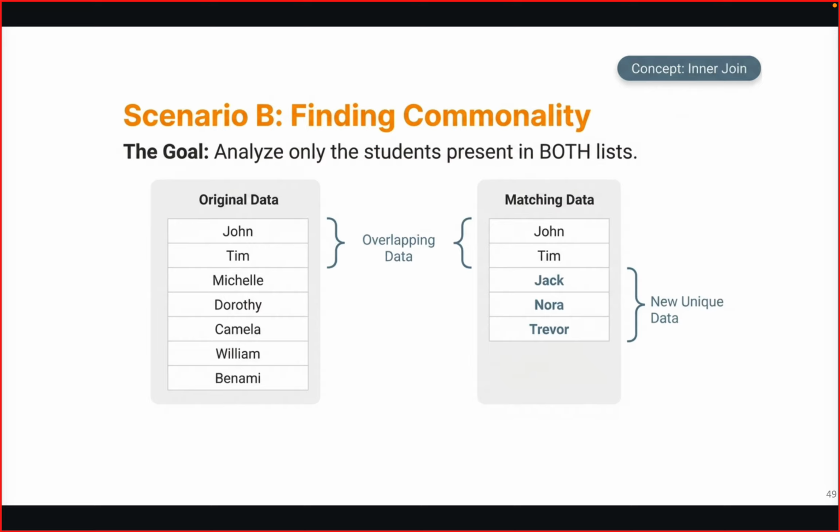The matching data and original data, it's like a transaction. Maybe the product IDs are duplicated. But for the actual matching data, all the values should be unique, no duplicates. Just like your ID, it should be unique.